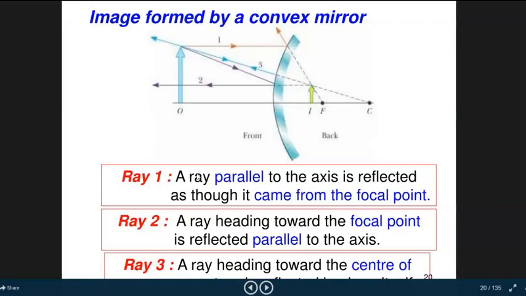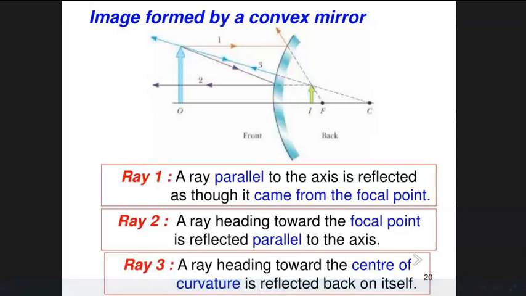Here you see a ray parallel to axis is reflected as though it came from the focal point. Second, a ray heading towards the focal point is reflected parallel to the principal axis, and a ray heading towards the center of curvature is reflected back away from the center of curvature.